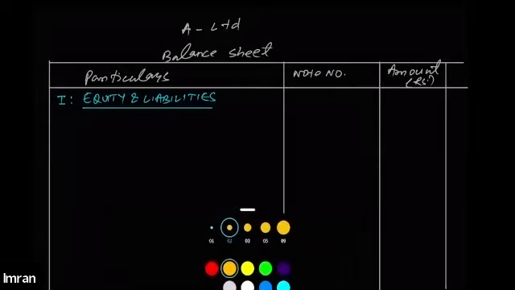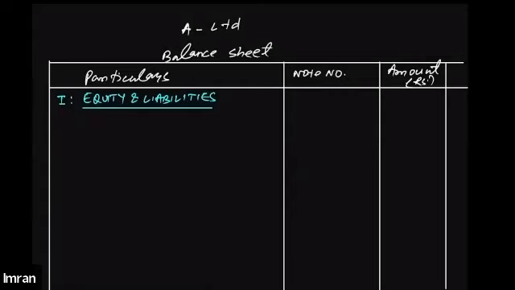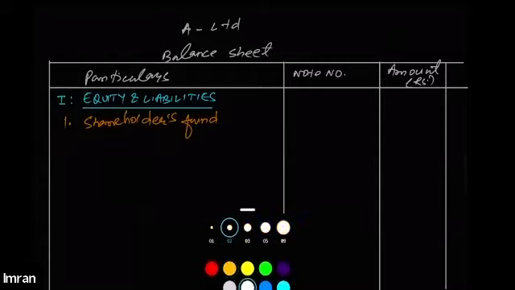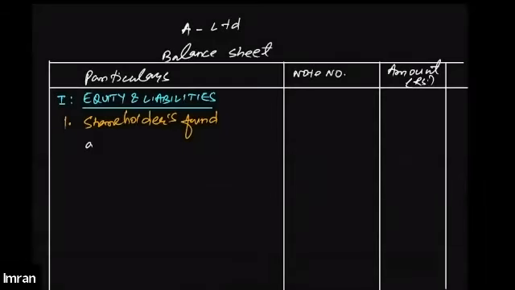And under equity and liability, first item is shareholders fund. All right, and under the category of shareholders fund, we will be writing down the value of the share capital.